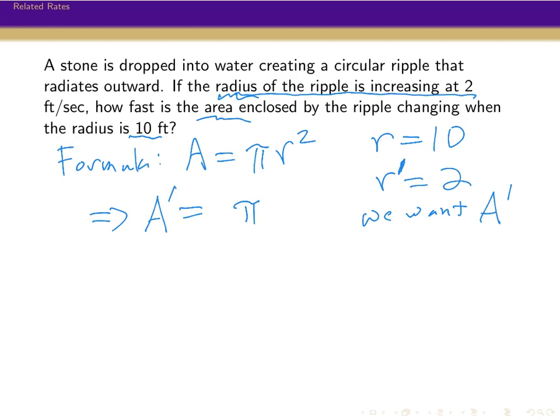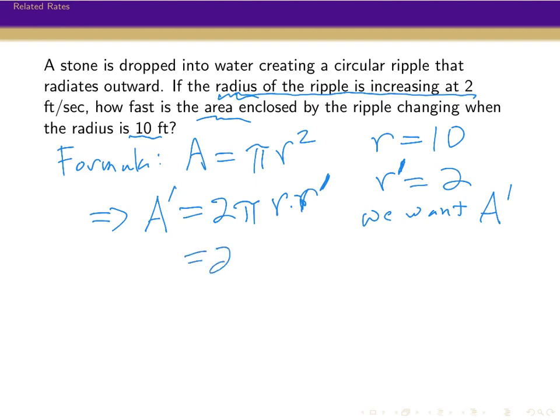The 2 comes down, we get r, and then we have to remember the chain rule: we get the derivative of the inside, which is r prime, coming out. So A prime is equal to 2 pi r times r prime.